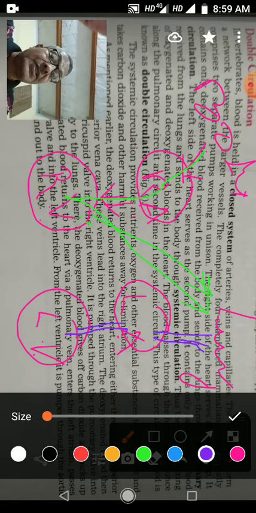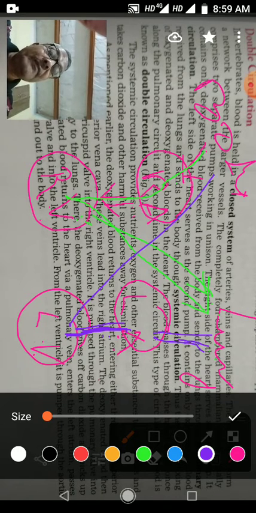There is an aperture called the left auriculoventricular aperture, through which blood is coming from the left auricle to the left ventricle. Again from the left ventricle, blood is pumped to the body through the aorta. The aorta will carry the blood from the left ventricle to the body. So this is known as systemic circulation.